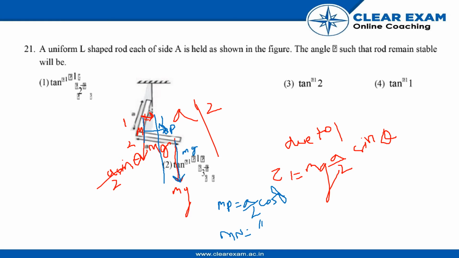We can do this similarly. It is the same, but the sine theta difference is here. A by 2 sine theta.